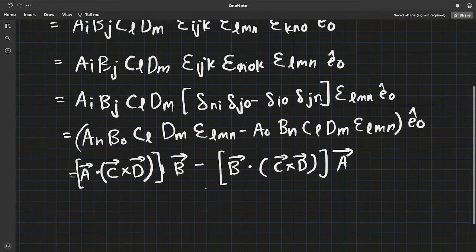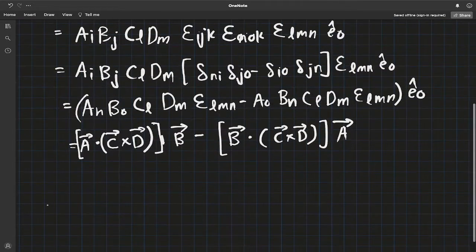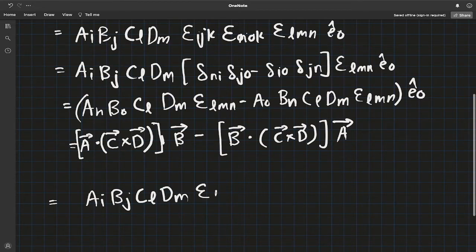The other possibility is taking the last two Levi-Civita symbols, not the first and the last, but the last and the second last. So if we do that, we would have A_I, B_J, C_L, D_M, epsilon IJK, epsilon LMN, epsilon OKN, e_o hat.